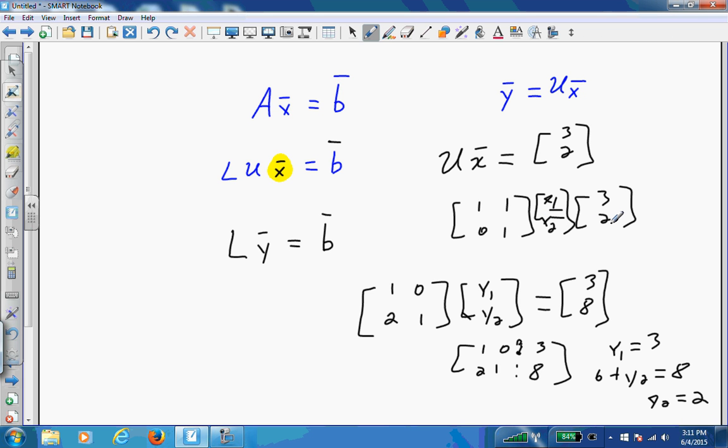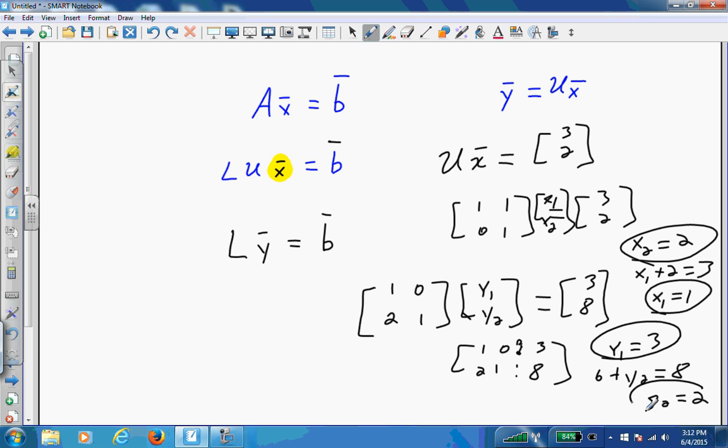So x2 is 2. x1 plus x2, so x1 plus 2 equals 3, so x1 is 1. So by doing that, you have to solve an intermediate system of equations.